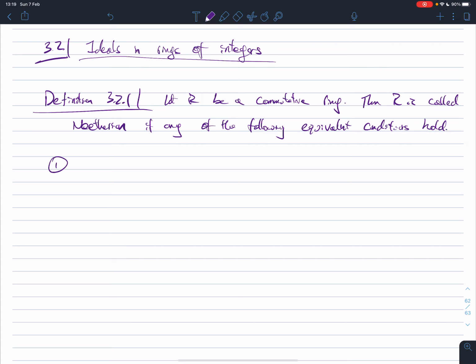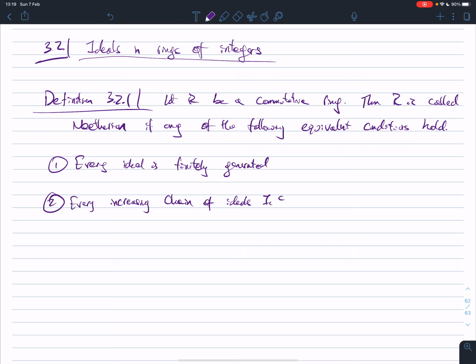So, what are they? One is that every ideal is finitely generated. Two is that every increasing chain of ideals, say I1 contained in I2, and so on, is eventually constant.